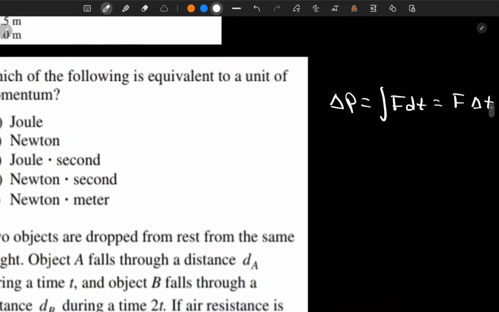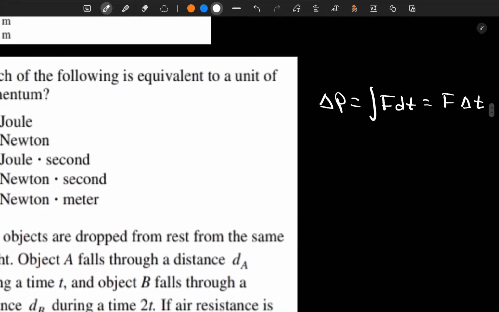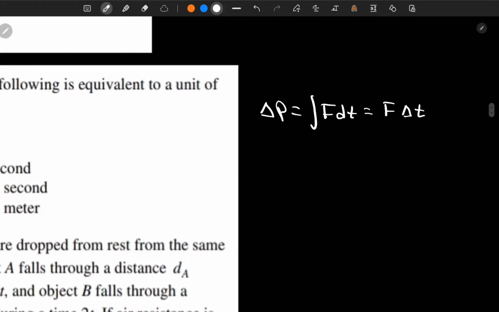So we have that the units of momentum on the left, indicated by square brackets with P in between them, should be equal to the units of force, F in square brackets, times the units of time in square brackets.